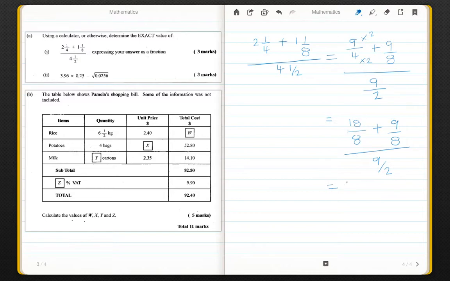That will lead me to 27 over 8 divided by 9 over 2.